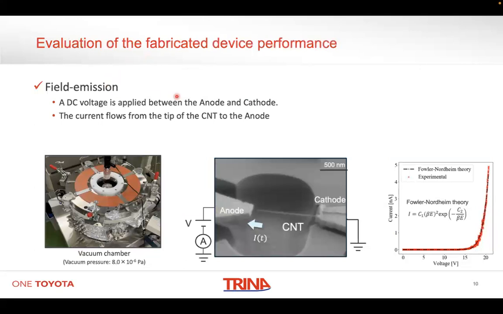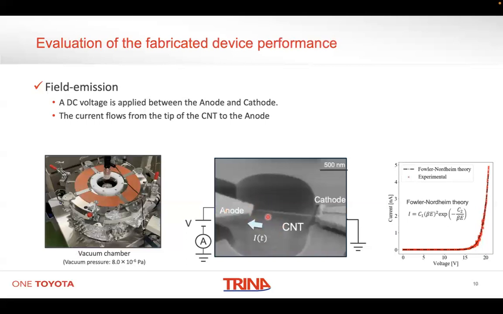Okay, next, let me show the evaluation result of the fabricated devices. This type of cantilever can be used as a field emitter, so we measure the field emission performance to evaluate the fabricated devices. To do it, we first apply a DC voltage between the two electrodes here and here, and then measure the resulting field emission current.